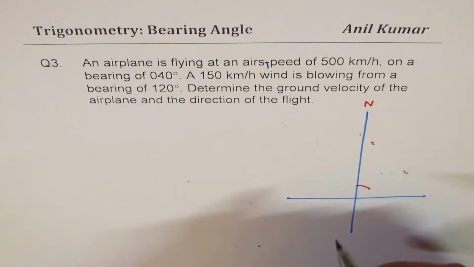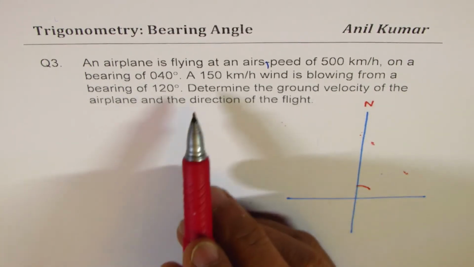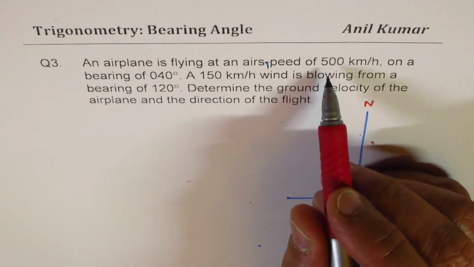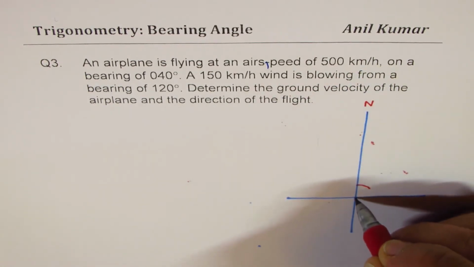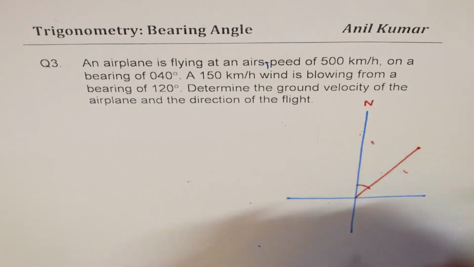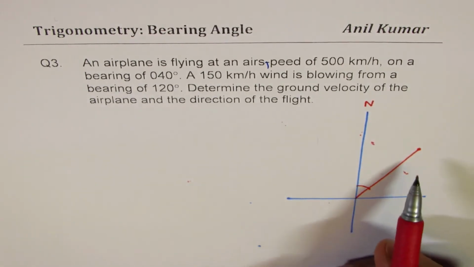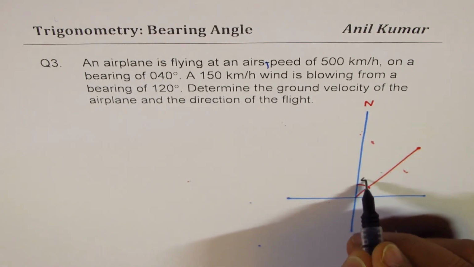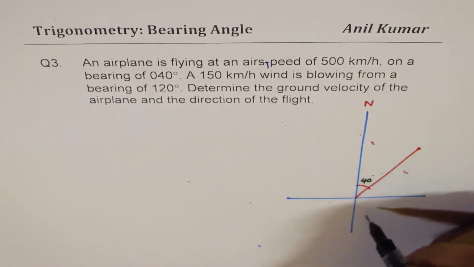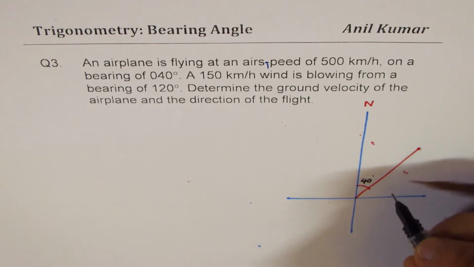And the length of the arm which I'm going to draw will represent the speed, which is 500 kilometers per hour. So let that be 500 kilometers. So this is 40 degrees from the north, and the distance here is 500.